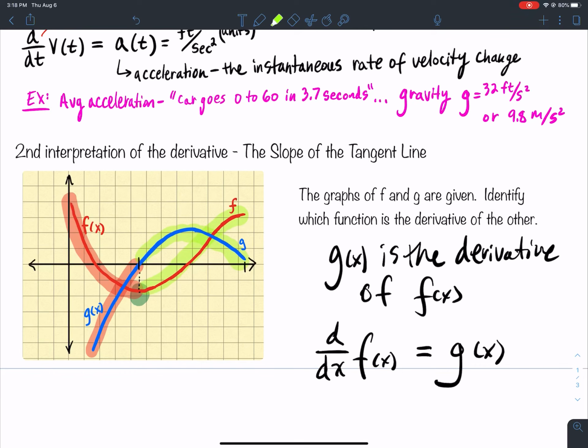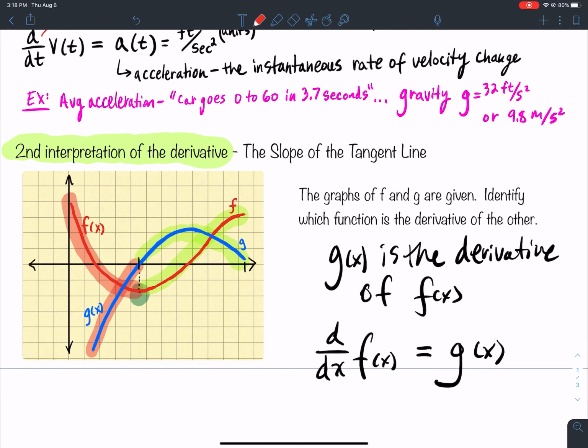All right, guys, hopefully this gives you a little bit better understanding of what the actual derivative is, okay? So the second interpretation is the slope of that tangent line, okay? So at this point right here, I have a slope, right?